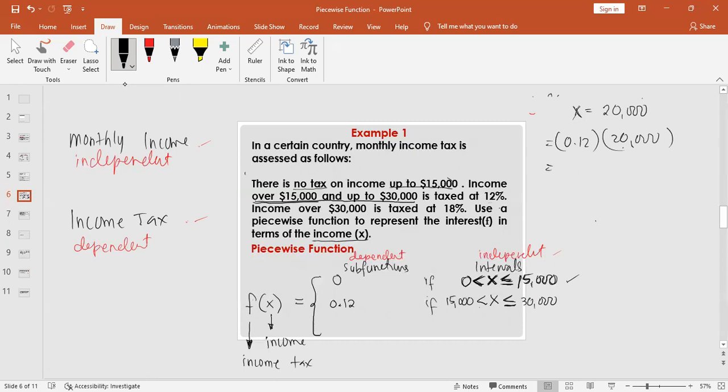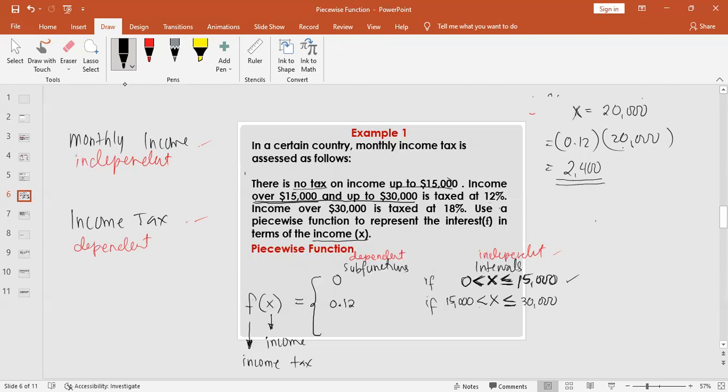So, 12% of 20,000 is 2,400. So, if your monthly income is 20,000, then your income tax will be 2,400.